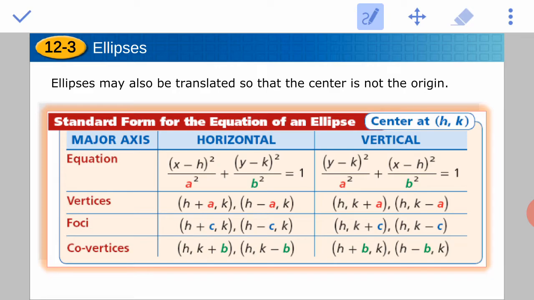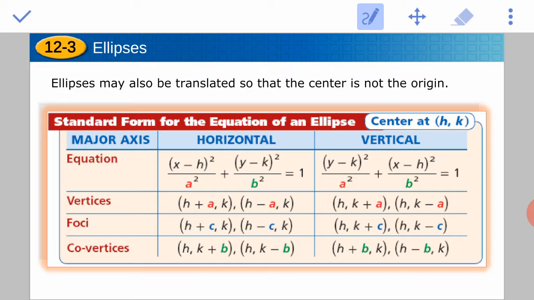Take the center (h, k). The standard form for the equation of an ellipse centered at (h, k) is (x minus h) squared over a squared plus (y minus k) squared over b squared, equals 1.